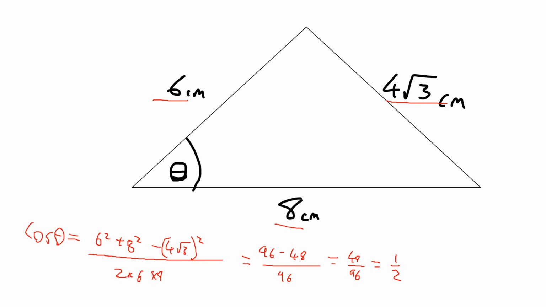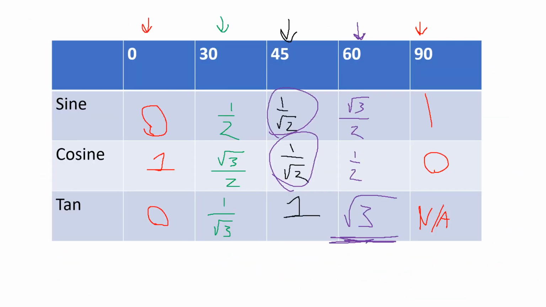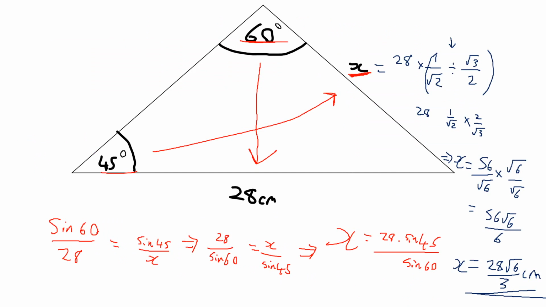The inverse, so theta, is just going to be the inverse cos of a half. If we look back at our diagram, and we look for a half, oh, a half is here. So therefore it's 60.